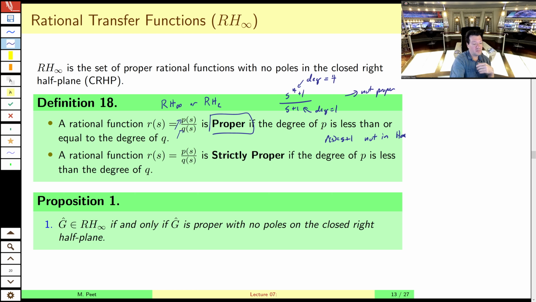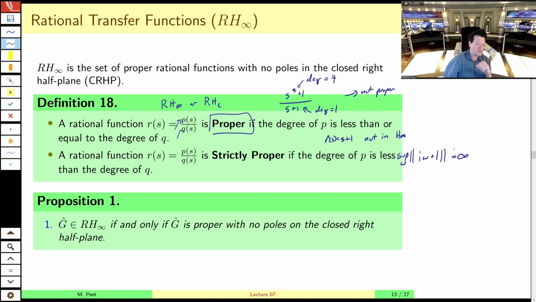Why? Well, you just look at it, it's i omega plus 1, and what's the maximum value of that over the frequency domain? That's infinity, because as omega goes to infinity, the norm of this goes to infinity. So properness is a reasonable restriction. Any function in H infinity will automatically be proper.